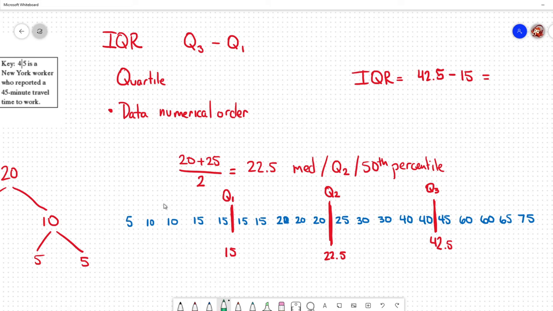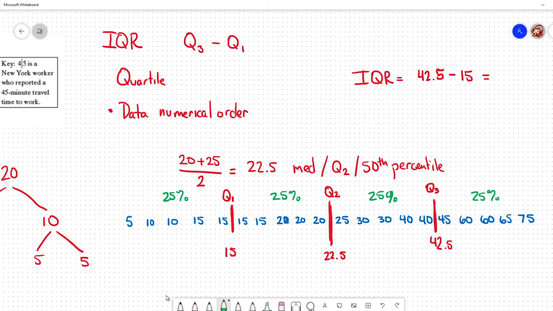When we break the data up into quartiles, we're saying 25% of the data is here, another 25% here, and we can see there are 5 numbers here, 5 numbers here, 5 numbers here. So that's what we mean when we say quartile.